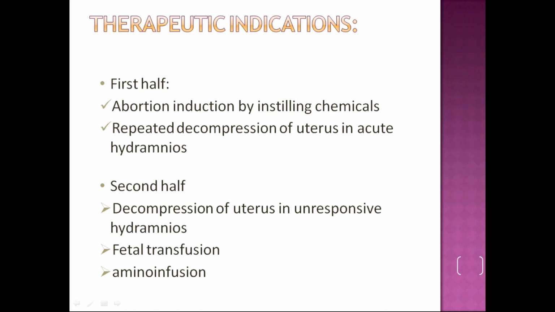Fetal transfusion, sometimes we do cordocentesis, taking a sample from the fetal umbilical cord, or you can infuse in Rh incompatibility where hemolysis is very high and fetal anemia is there. So directly you can infuse blood into the fetal umbilical cord.